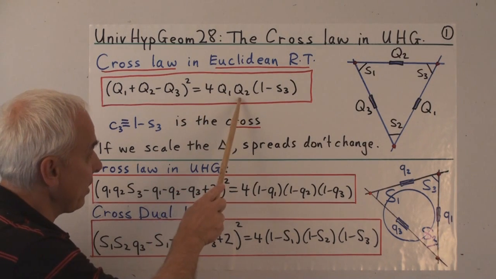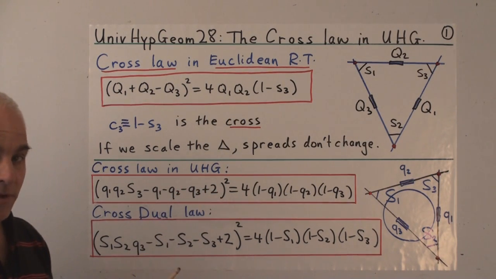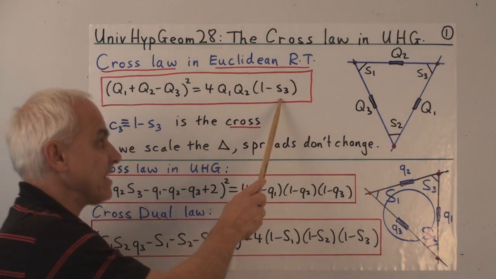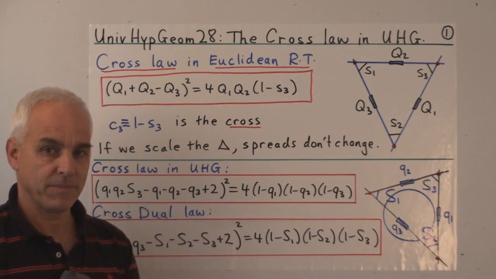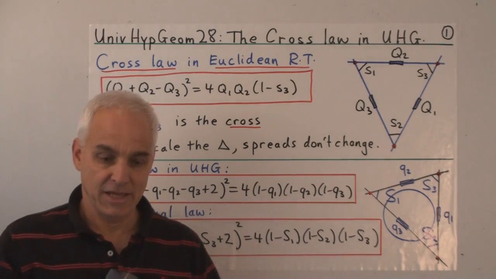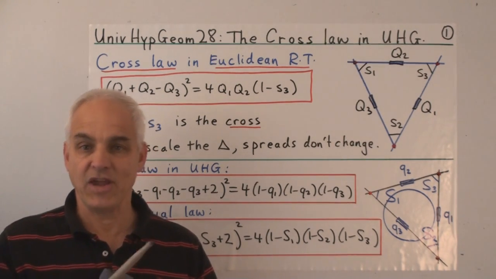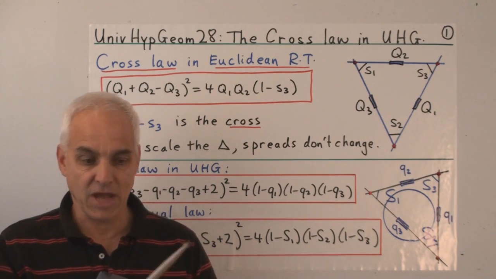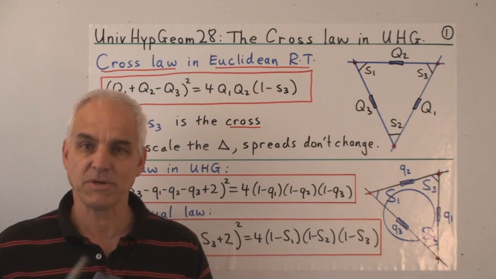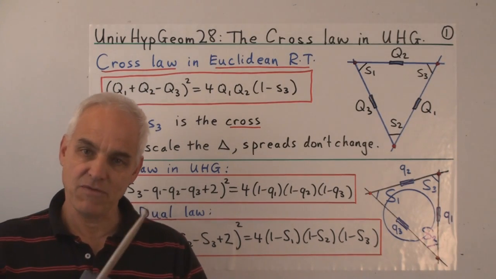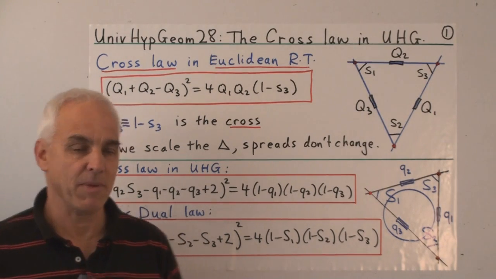The right-hand side here would be multiplied also by lambda squared, and those two lambda squareds would cancel, resulting in the same value for S3, which is just a reflection of the well-known fact that similar triangles have the same angles, or in rational trigonometry, the same spreads. If you dilate a triangle, its basic shape doesn't change. The spreads at the three vertices haven't changed, even though the quadrances have been multiplied by a factor.